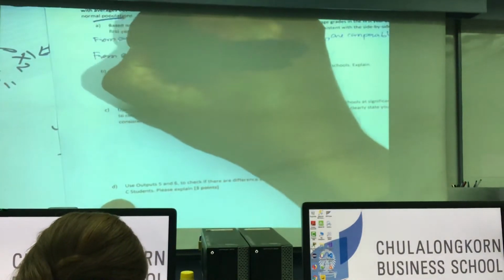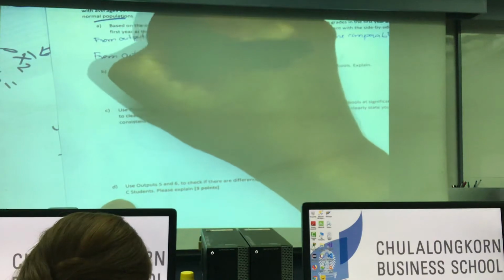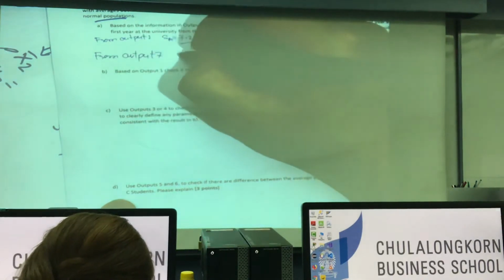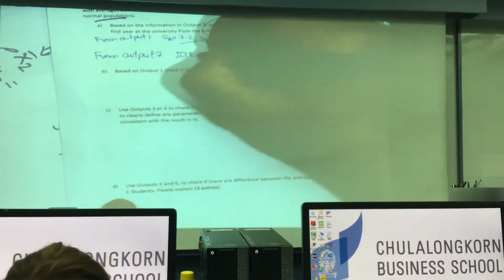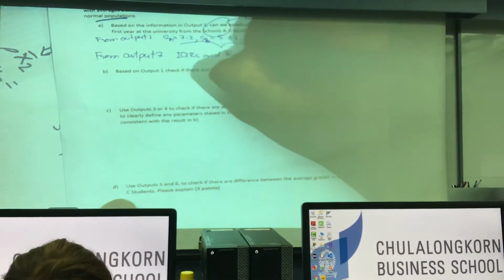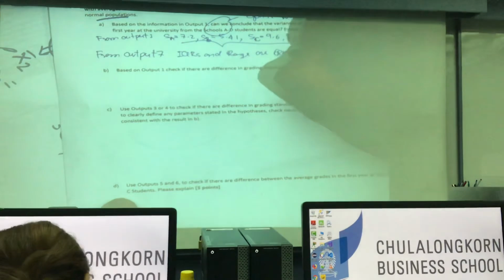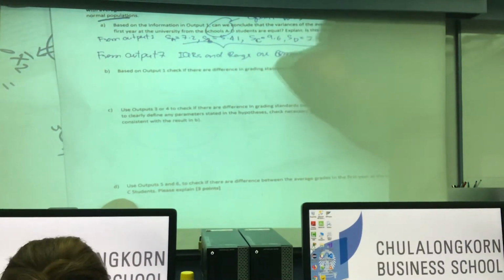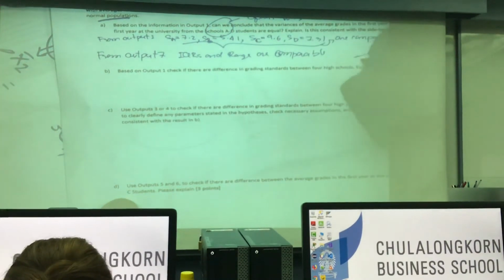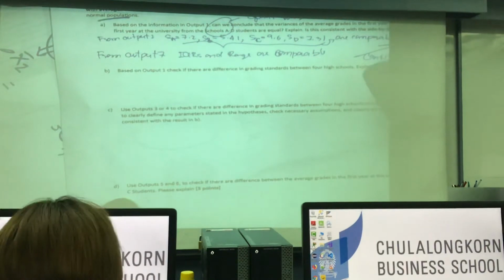So from output 7, IQR and range are comparable. Consistent result.